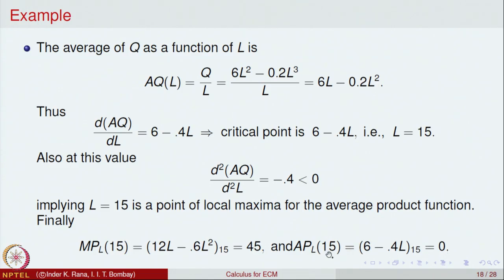So, at the point 15, the average of the production is 0, whereas the marginal of the production is equal to 45. So, that is how you calculate the marginal, and we have already seen what the marginal indicates. So, you can calculate the marginals and apply them. The marginal analysis that we had done earlier can be applied.